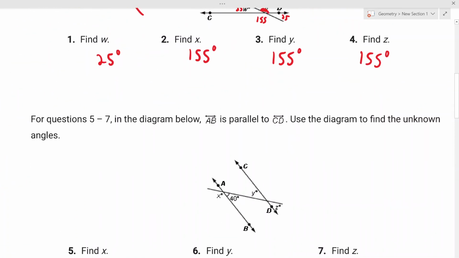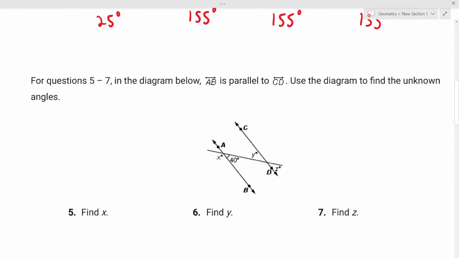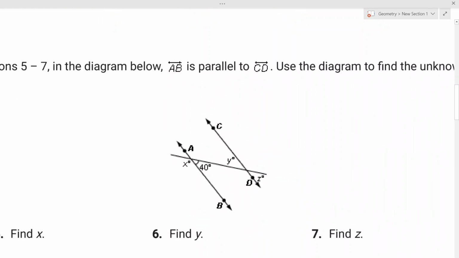All right. The same thing is happening down here. If this angle here is 40, then this angle here is 40. All right, they're vertical. But we also know then that y is 40 and z is 40 because they're corresponding. Or you can think this 40-degree angle is alternate interior to that, so they're 40. And because these make a line, they have to add to 180.